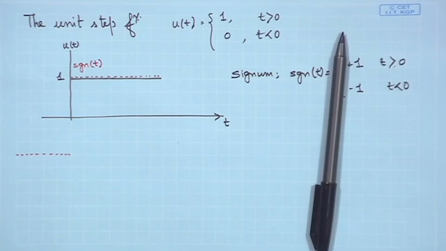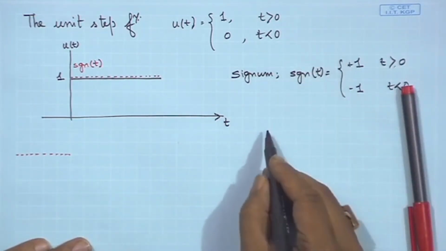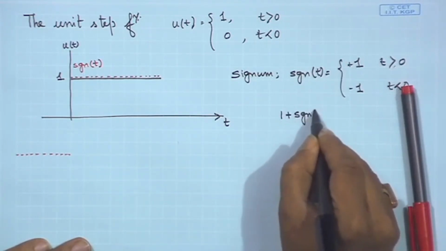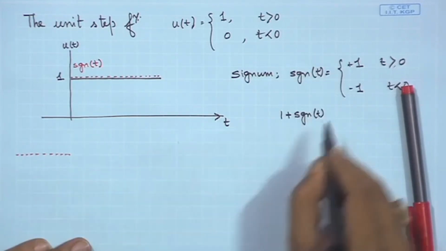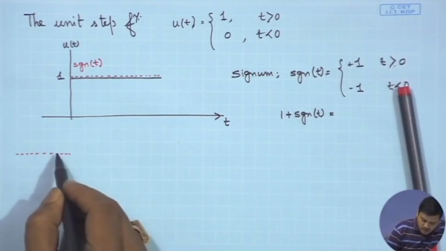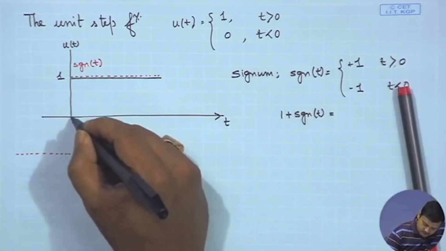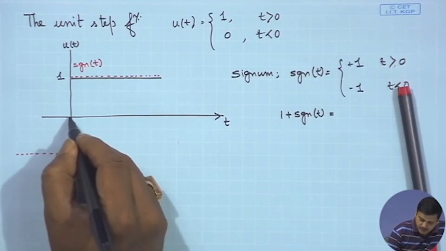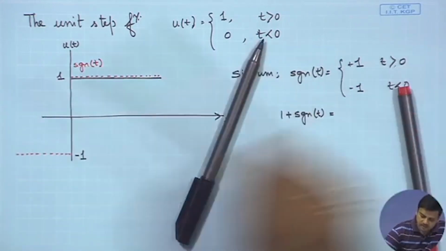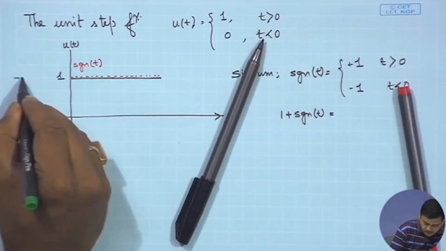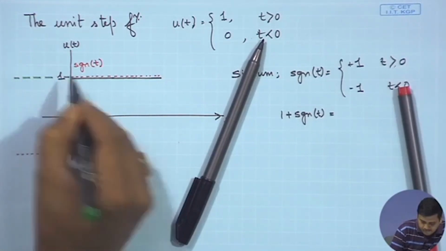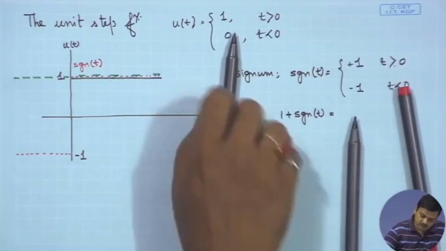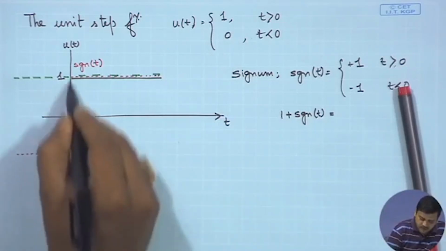So that is SGN of t, and if we take 1 plus SGN of t, what we are going to get is this: this is minus 1, so if I add 1 to this it will be 0, and when I add 1 to this section, the resulting function would be 2 times u of t, because this is 0 and here the magnitude is 2.